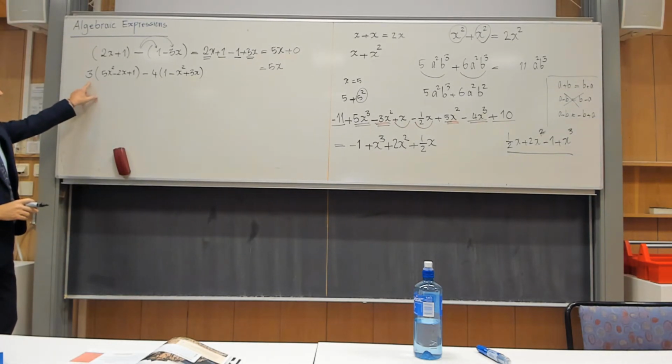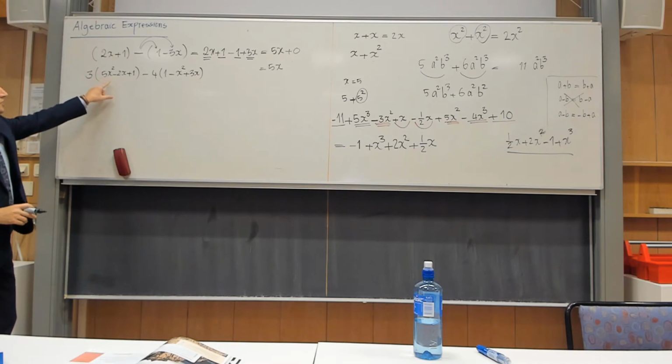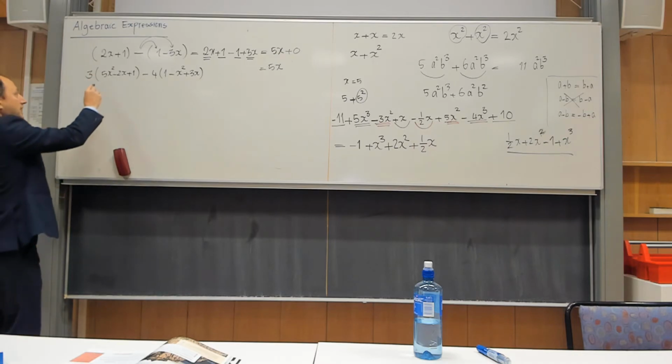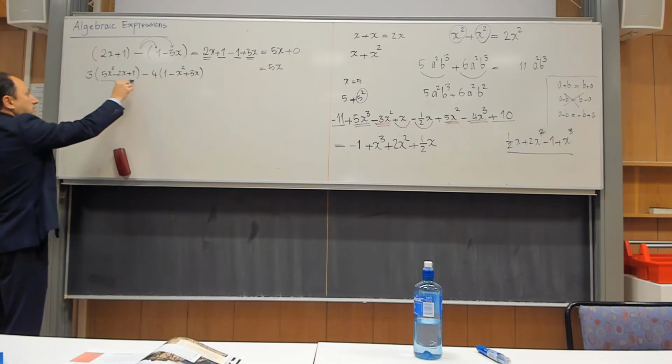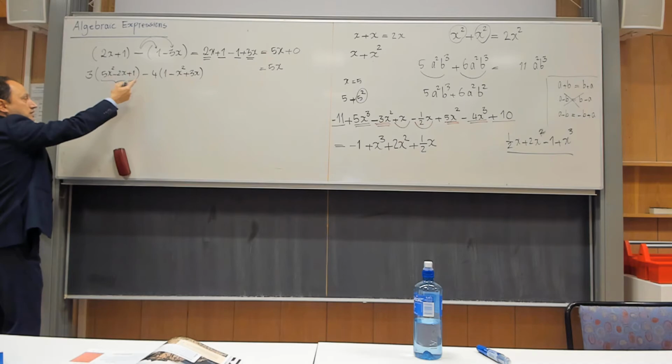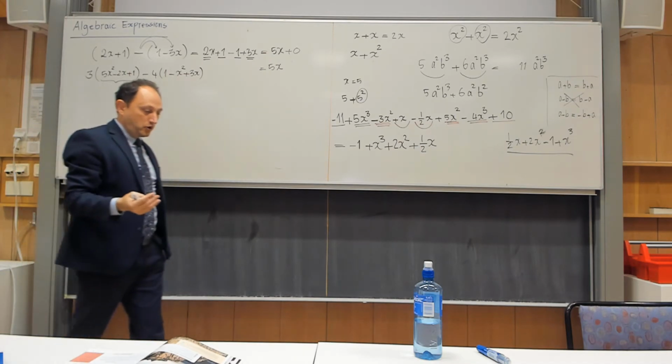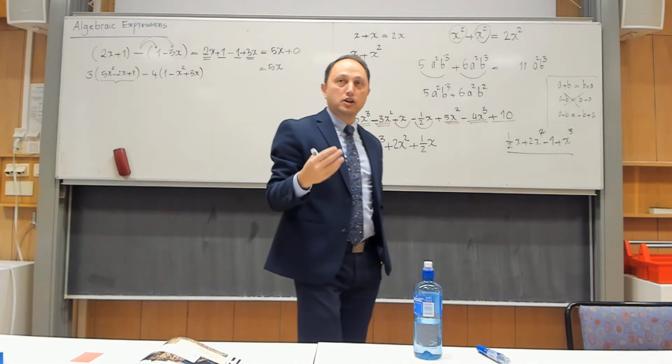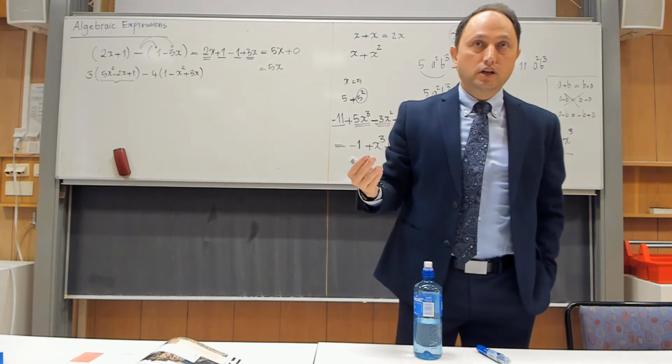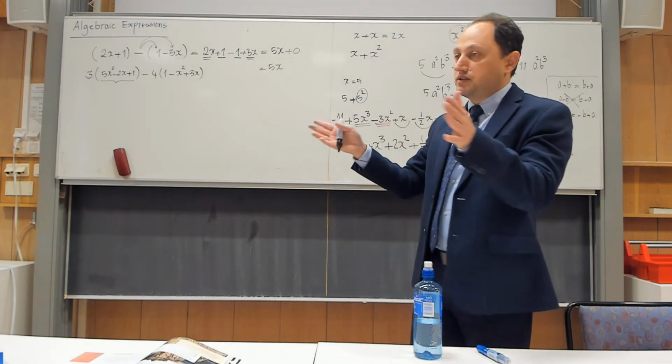By the way, if you want to understand this, what is the structure here? Don't get confused. If I ask you what this is in algebra, you would say this is an algebraic expression. But remember that algebraic expressions at the end of the day are numbers, just written in a little bit of a fancy way.